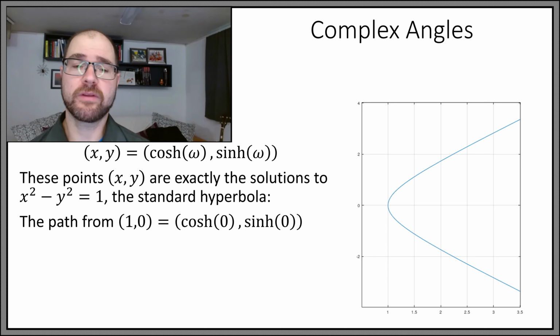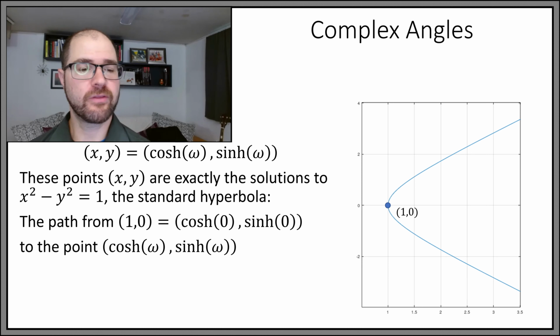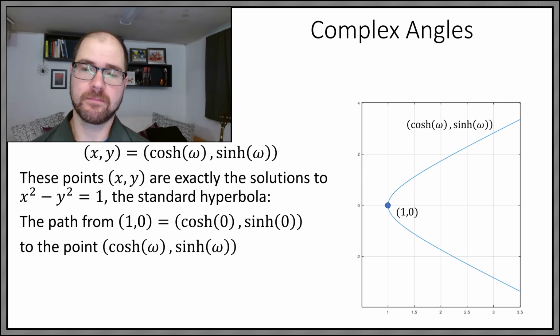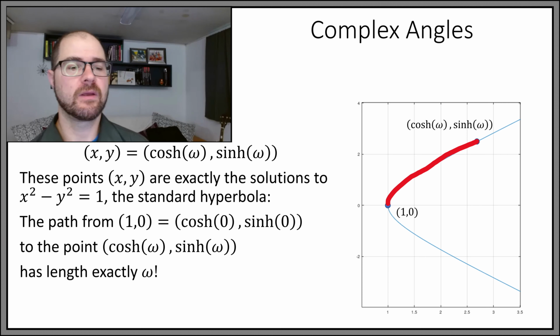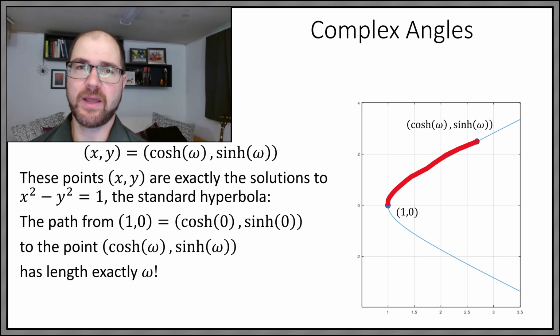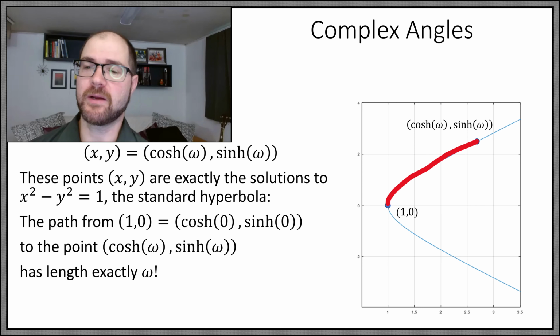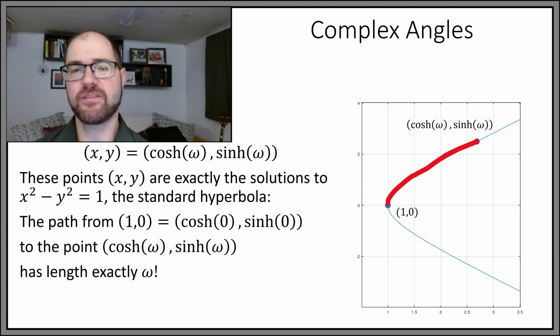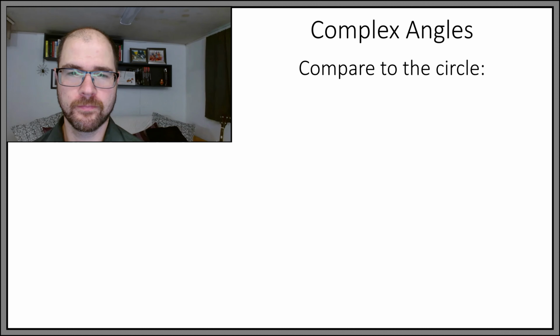So the path from 1, 0 to cosh 0, sinh 0 to the point cosh omega, sinh omega goes up in this direction. And the length of that path will be exactly omega. So omega is parameterizing a length on a hyperbola. So think back to how radians were defined.